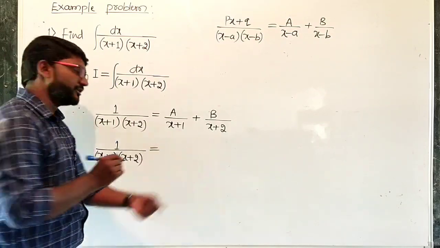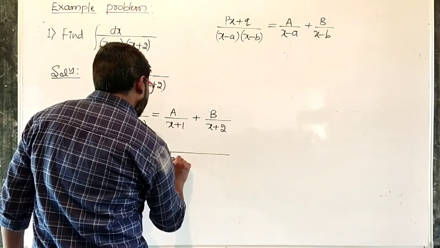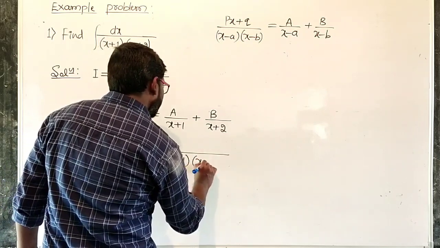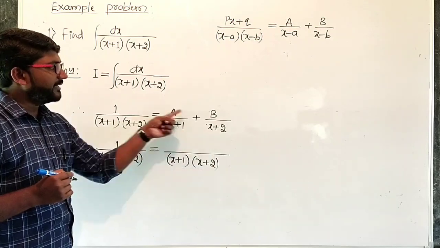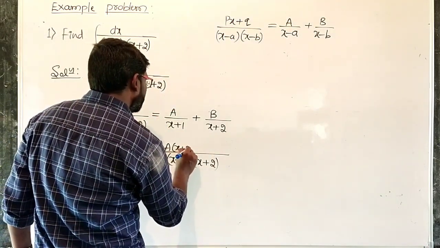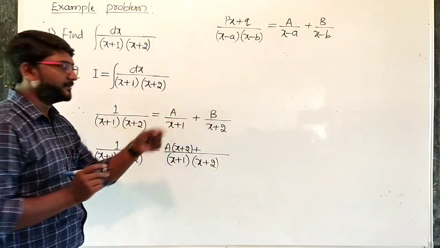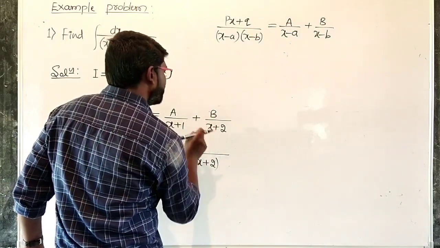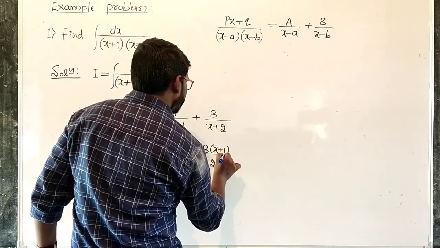Multiplication of these two terms, (x plus 1) into (x plus 2). Now (x plus 2) will be multiplied with a, you get a into (x plus 2), plus (x plus 1) will be multiplied with b, plus b times (x plus 1).